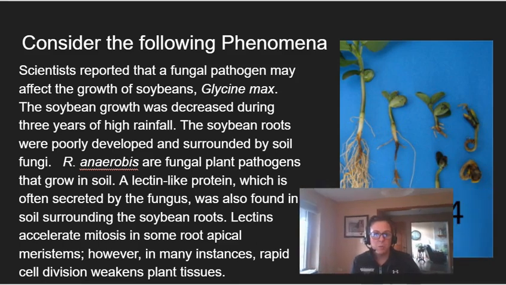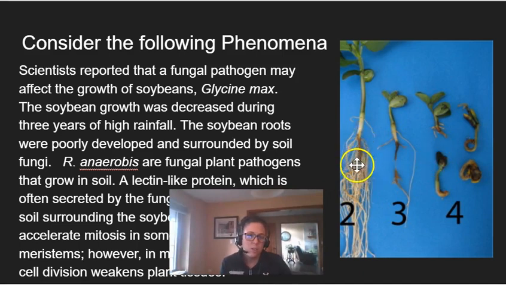Let me move over a little bit, and you can see that number 2 right here is showing proper growth of roots. But over here, by 4, you can see that these roots had been exposed to lectins. These roots, notice they're very thick. However, they're weakened roots. They grew too fast. They could not support the plant, and these soybeans actually did die.